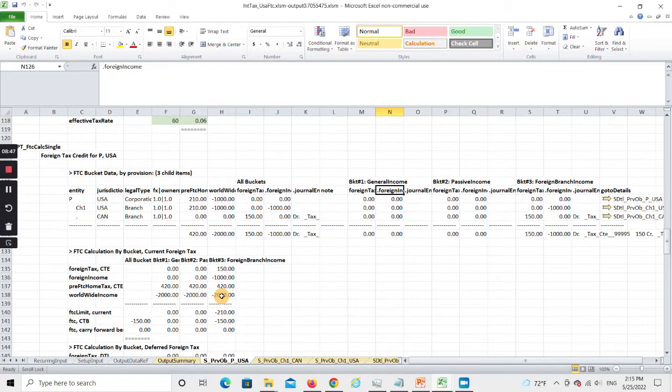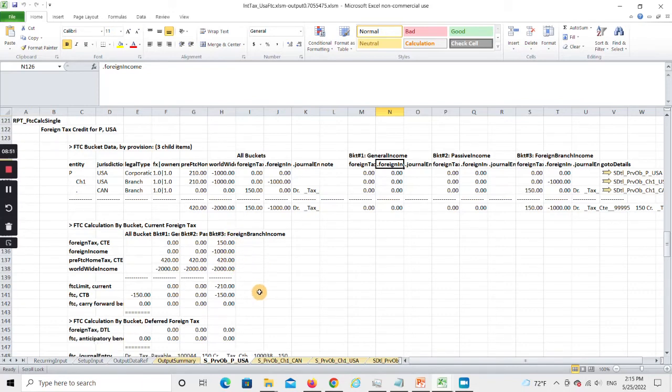the foreign branch. With that, we then can calculate a foreign tax limit, which in our case for this foreign branch bucket is 210, which is greater than the creditable foreign tax, 150.